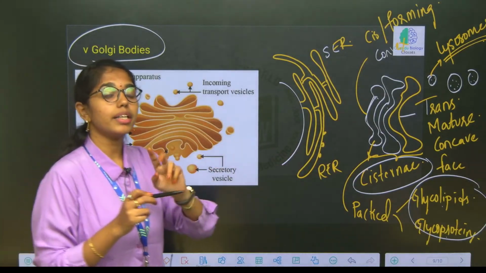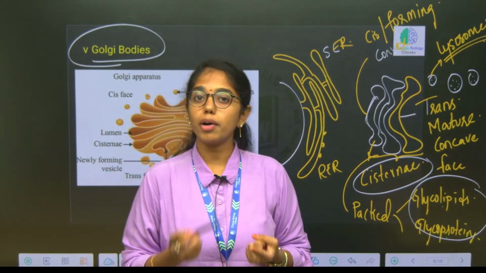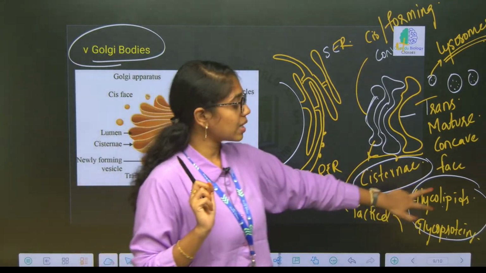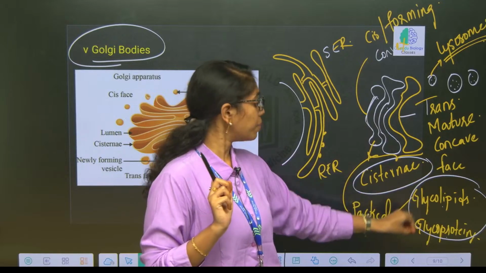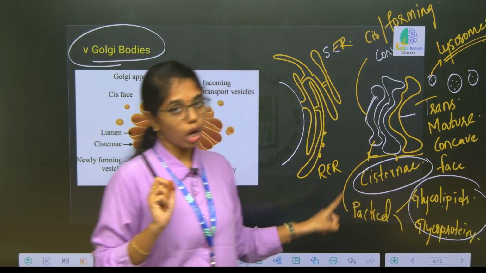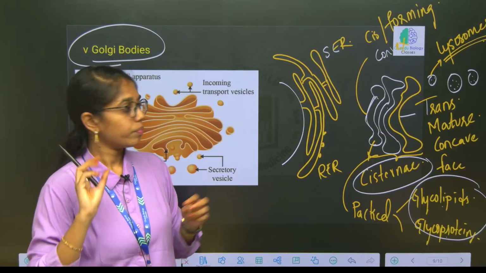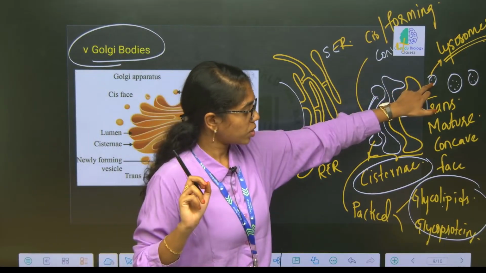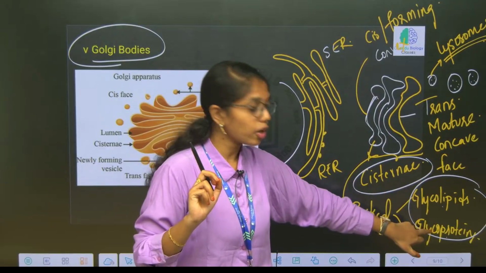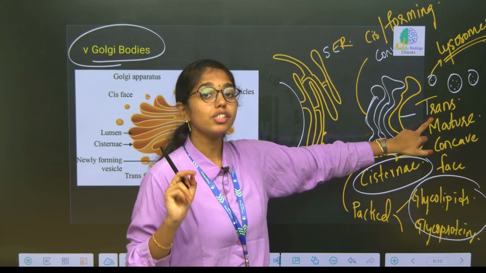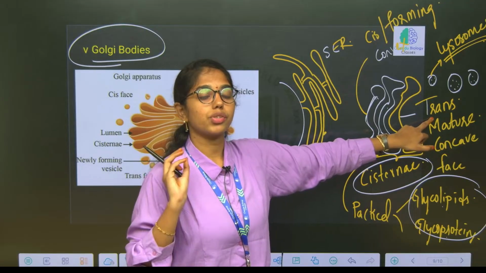We have learned carbohydrates are present in the form of glycolipids and glycoproteins in the lipid bilayer. These are transported to the plasma membrane. The vesicular structures, glycolipids and glycoproteins will be transported through the trans phase or mature phase to intracellular and extracellular targets.